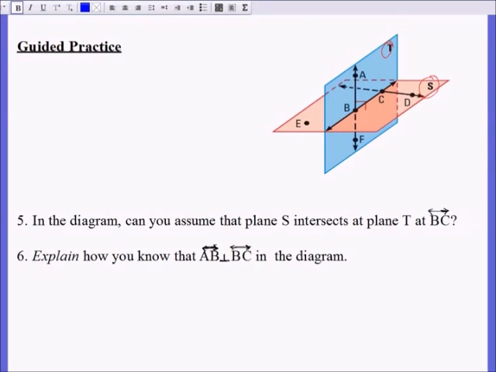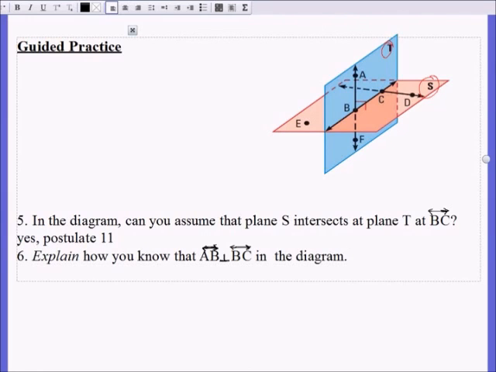Let's go ahead and type this in. Because postulate 11 says that 2 planes intersect at a point. Okay, so that would be a yes because of postulate 11.